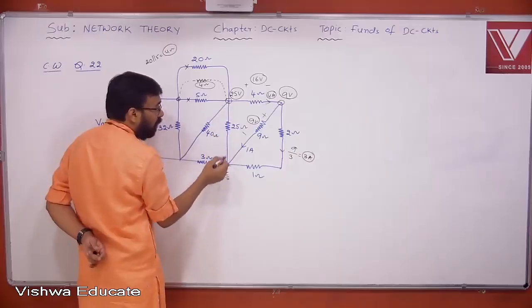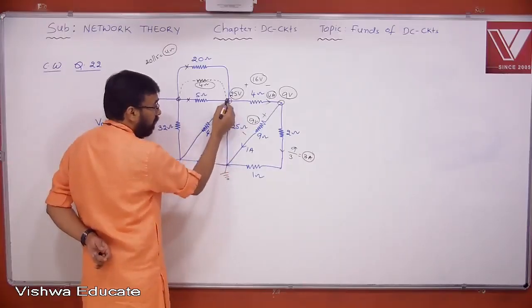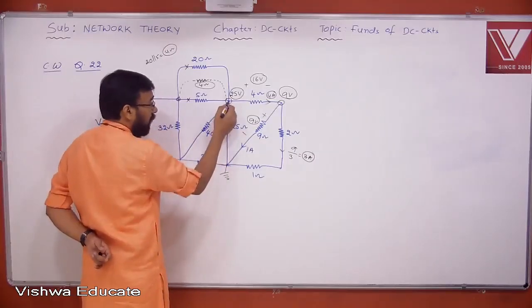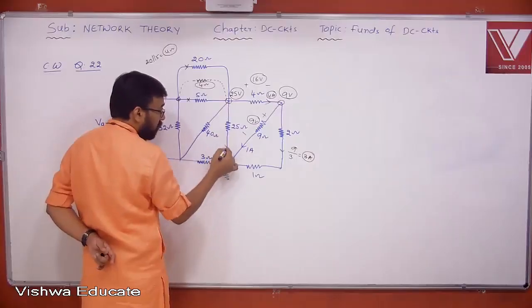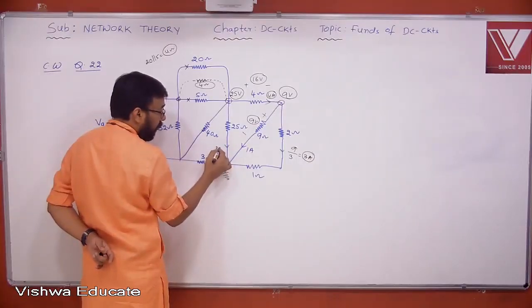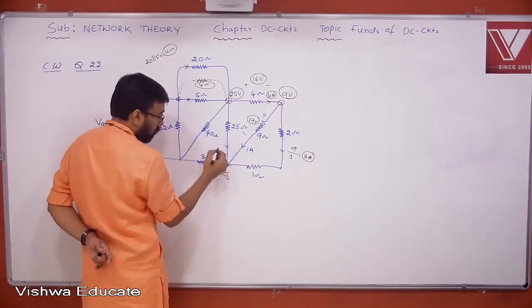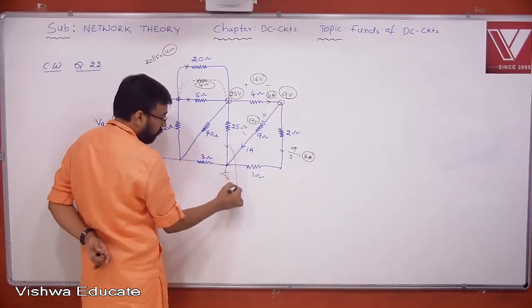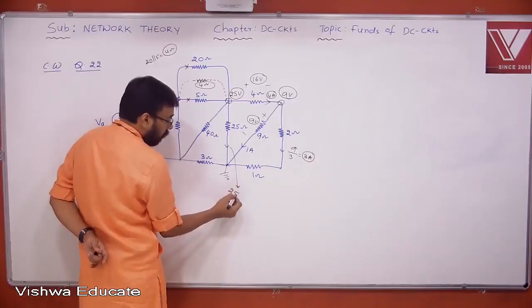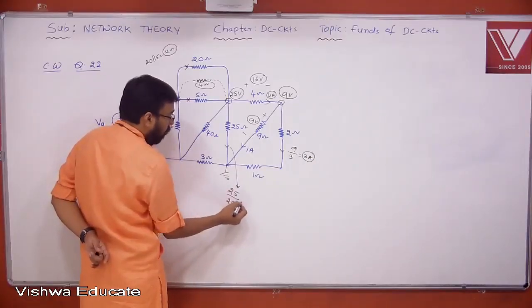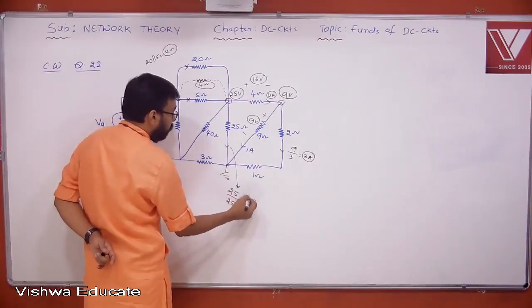Now this current is known, how much? 25 minus 0 by 25, that means 25 by 25, which is one ampere.